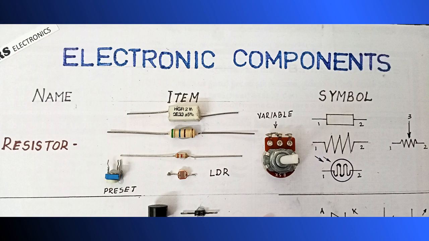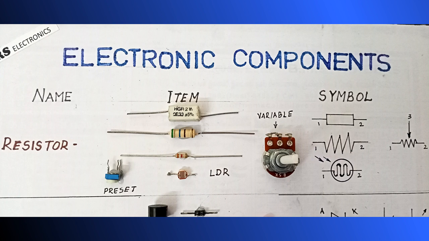In resistors, you can see so many types: variable resistor, light dependent resistor, presets and so on. In resistors itself there are 2-3 types depending upon the power. The higher the power, the bigger the resistor looks.